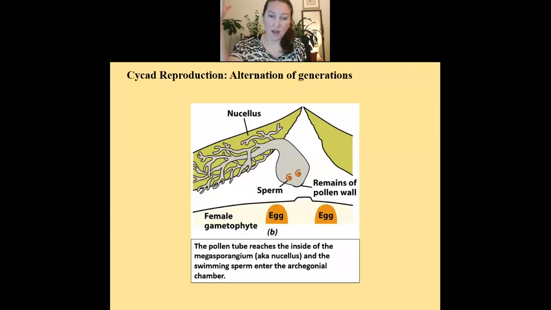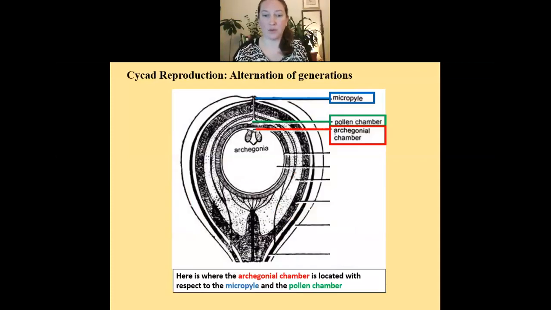So swimming sperm are now going to enter the archegonial chamber. This diagram kind of brings us back to where we were before. Here's that hole, the micropyle, which had a pollination drop, which drew the pollen grains into this pollen chamber. Once in the pollen chamber, pollen grains can grow a pollen tube through this wall of the Megasporangium, which is this hatched thing here.